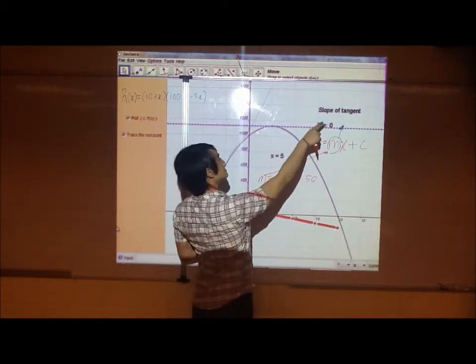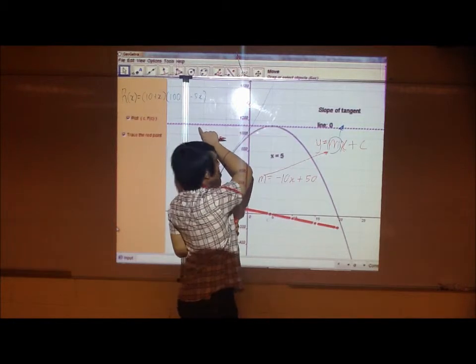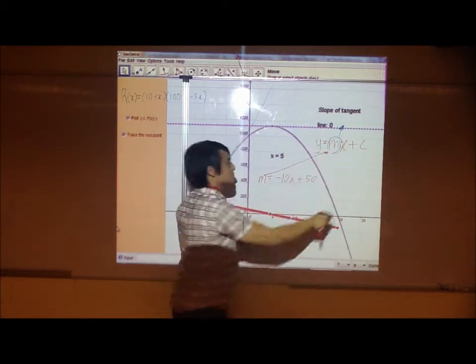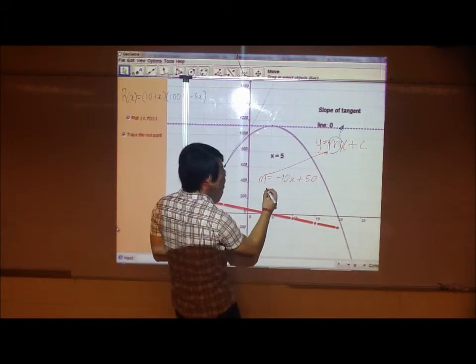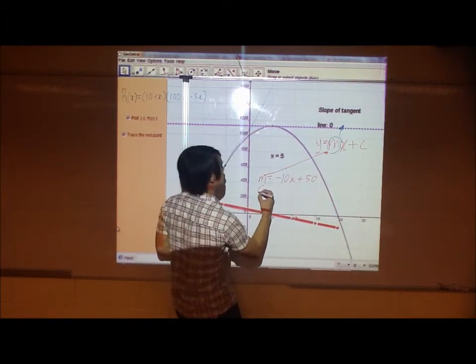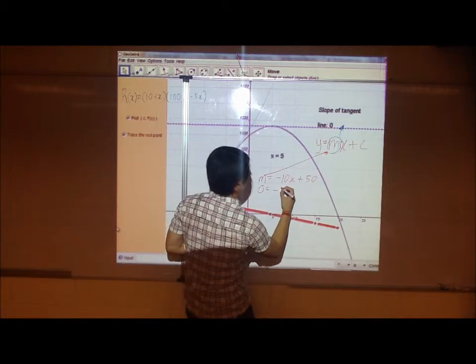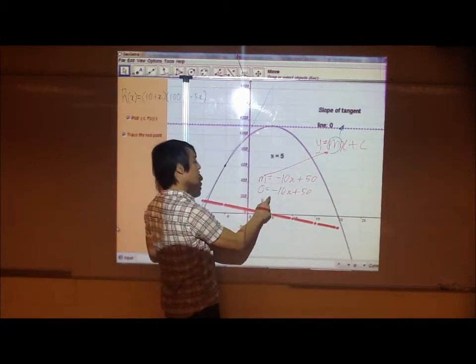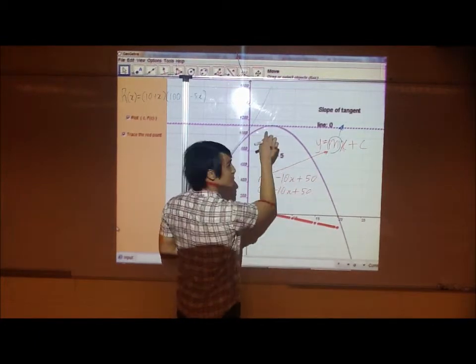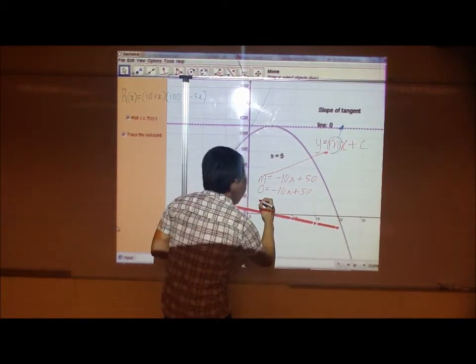as you can see, is 0 because it's a horizontal line. Okay, now by substituting 0 into the slope of the tangent, we get this. From this equation, we can now solve the value for x when the graph is at its maximum.